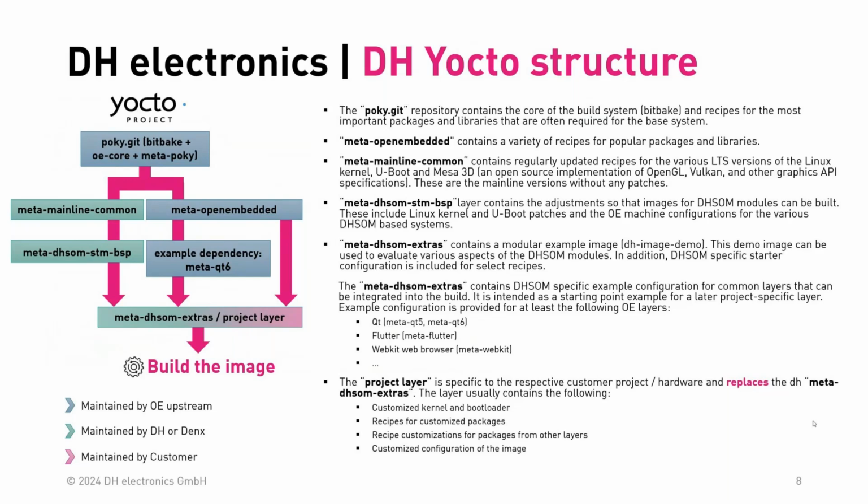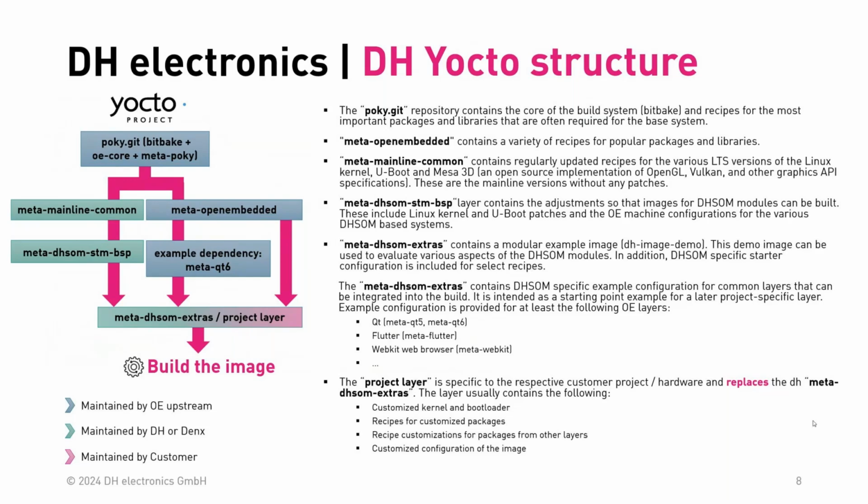If we now start a project with our v_core system on module, we have to create a project-specific layer. And this is done as a copy from Meta vSOM extras with all the adjustments for the board and the needed packages. Apart from this, all the other layers mentioned above remain unchanged.